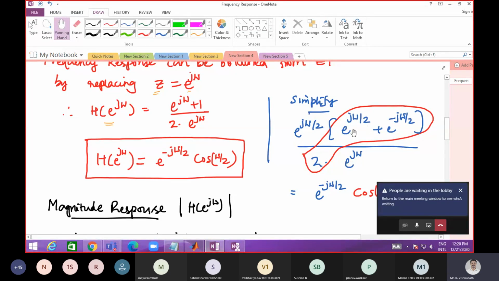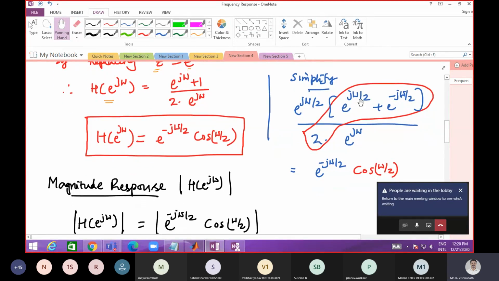But we know that (e power j theta plus e power minus j theta) by 2 is nothing but cos theta. So here theta is omega by 2. So this will become cos omega by 2.